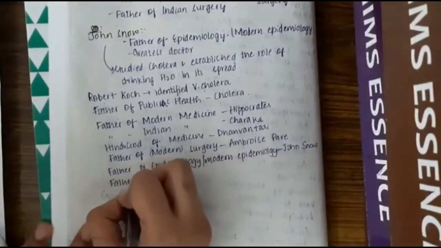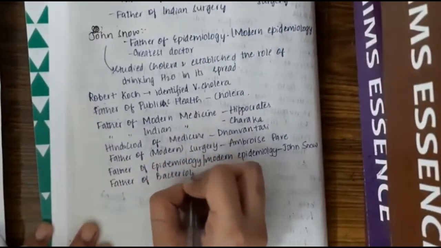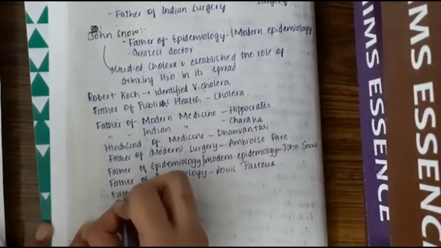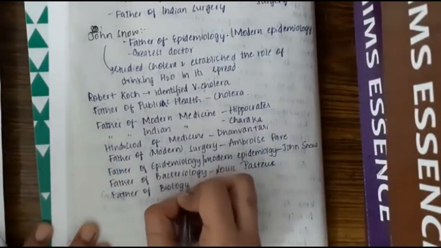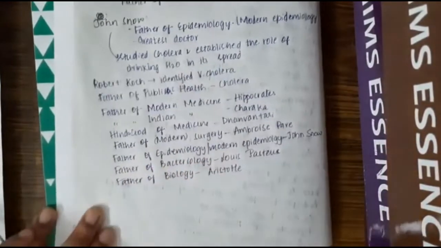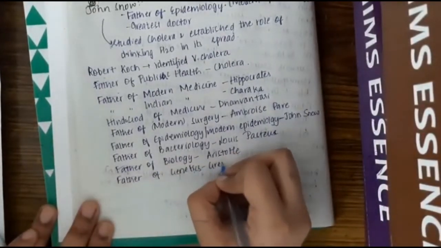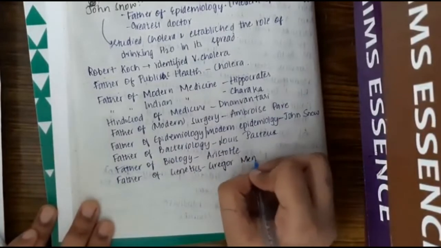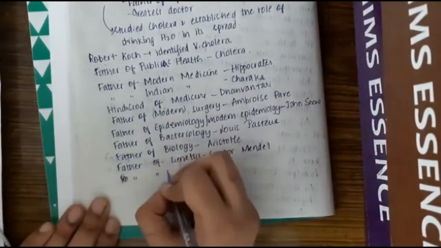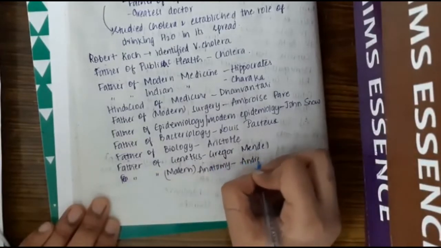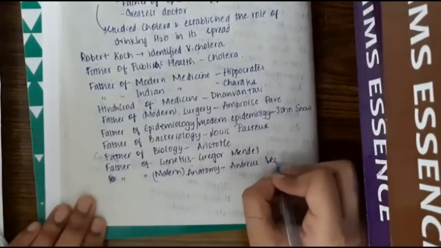Father of bacteriology is Louis Pasteur. Father of biology is Aristotle. Father of genetics, Gregor Johann Mendel. Father of modern anatomy, Andreas Vesalius.